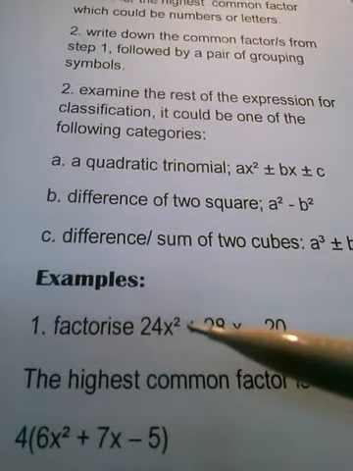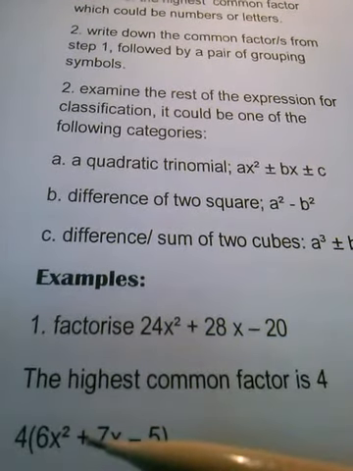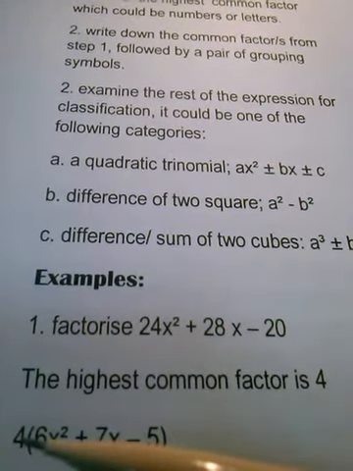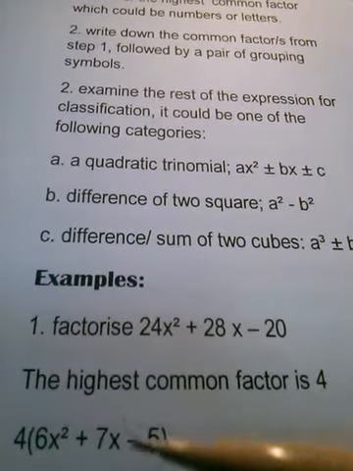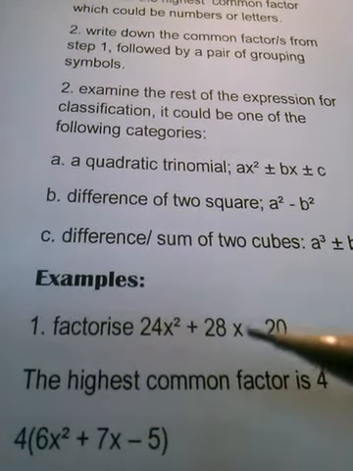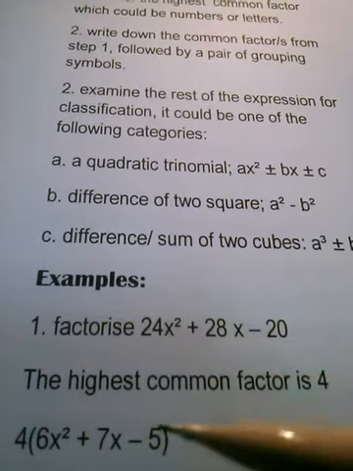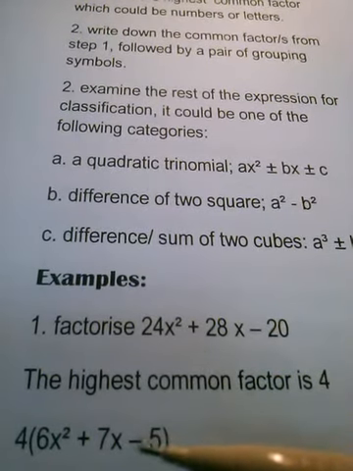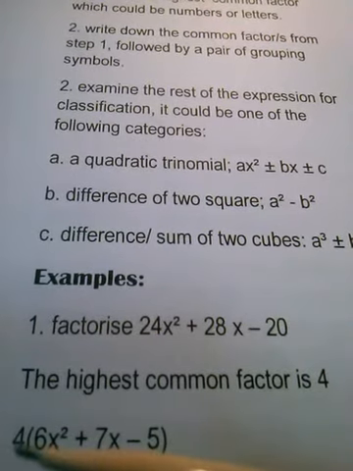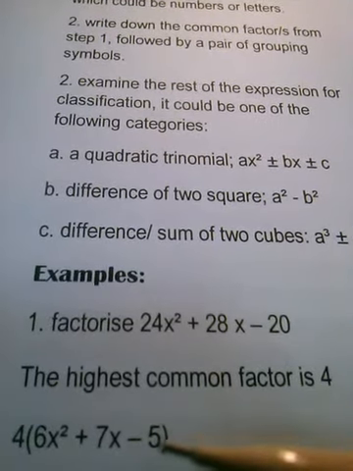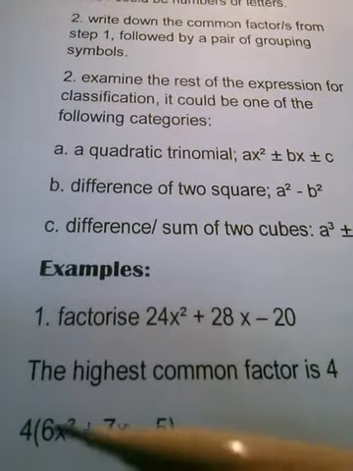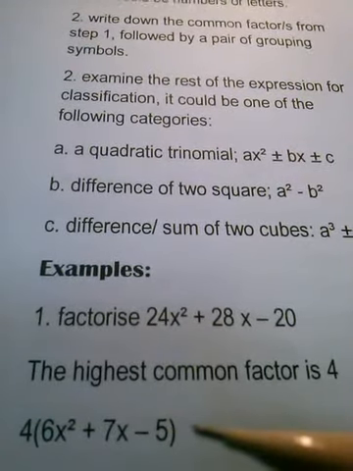Then we copy this plus sign in here, and we divide 28 by 4, we get 7, and we write here 7x. Then we copy the minus from the expression into that space, and we divide 20 by 4, we get 5, and the result is reduced to this form, as you can see.